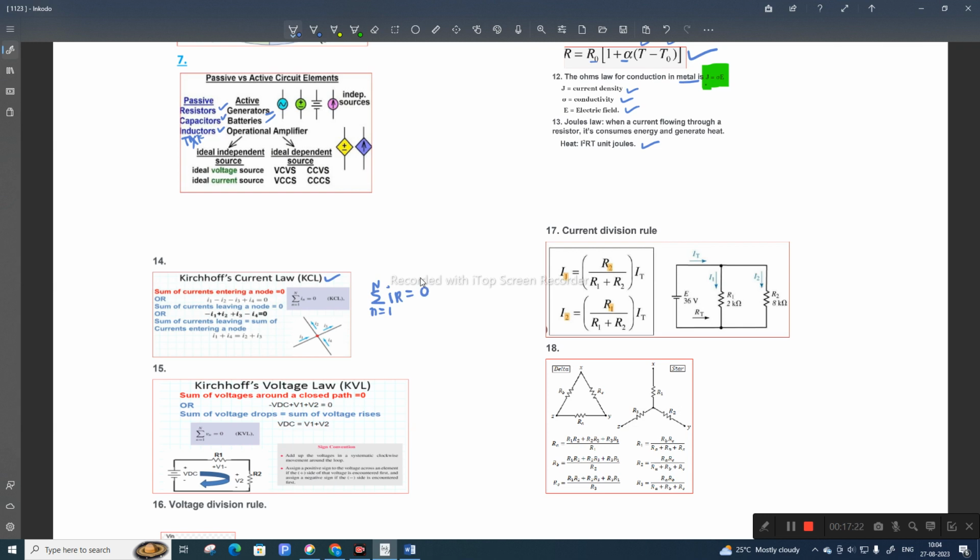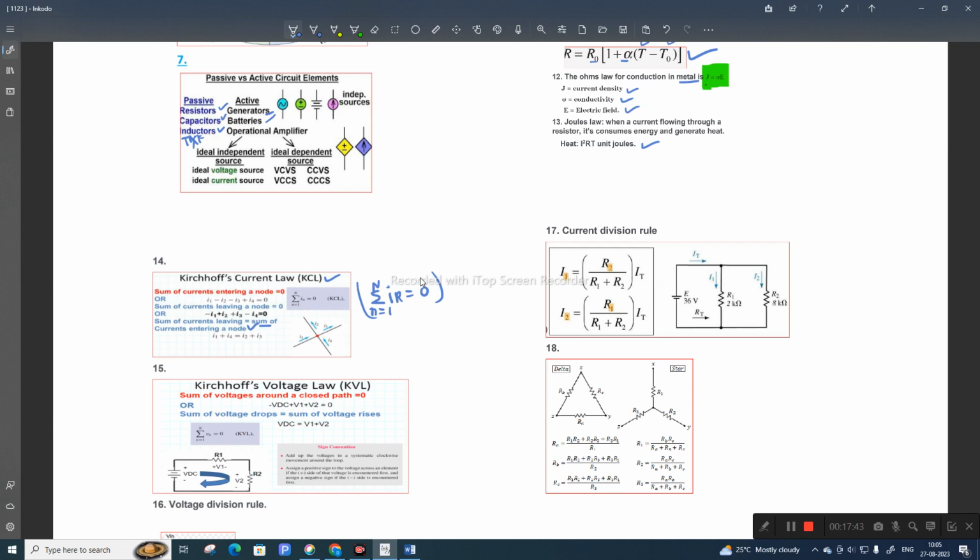This is known as KCL. That is, current entering, suppose this is the junction, current entering into the junction and current leaving are the same. That is, no charge accumulates in the junction node. It means the sum of current leaving is equal to the sum of current entering the node.